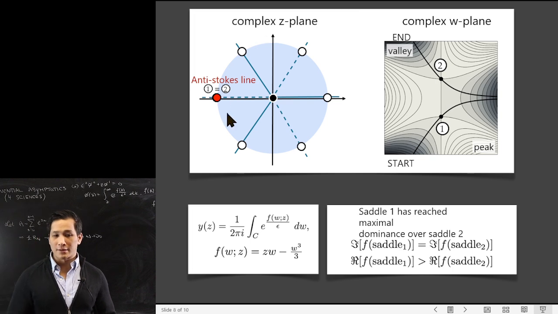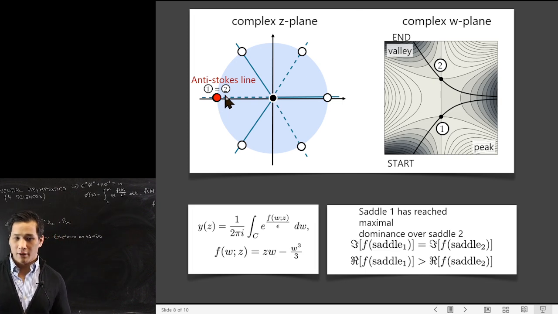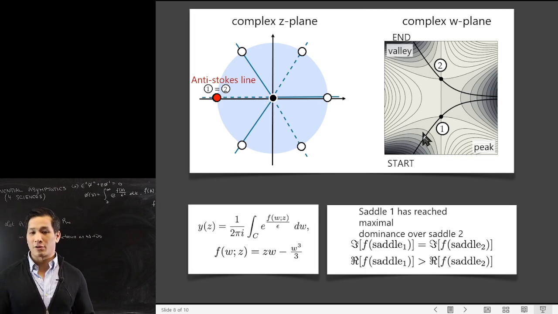By the time you get to the negative real axis, here illustrated on the left, this is now the anti-Stokes line. And as we said, the anti-Stokes line is a location where both saddles now have equal contribution. They're at the same height. So you imagine the contours here, or you imagine the surface that these contours are trying to represent.